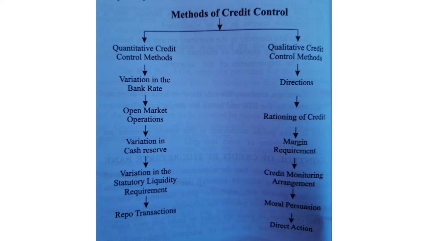Credit monitoring arrangement. In 1988, the credit monitoring arrangement replaced the credit authorization scheme. Under the credit authorization scheme, the commercial banks were required to obtain RBI's prior approval for sanctioning any fresh credit of rupees 1 crore or more. This technique intends to ensure that money borrowed from banks is actually utilized for the purpose for which the credit was extended.